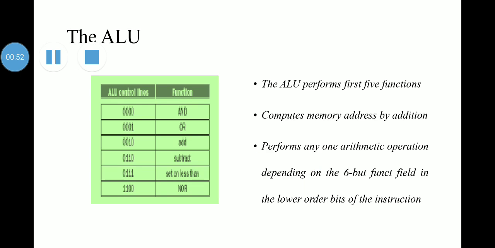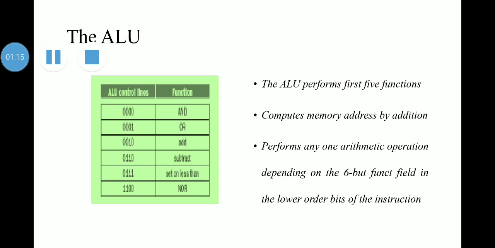So if we see here, this is the ALU control lines and its function according to the 4 bits. Depending on the instruction class, the ALU will need to perform one of these first 5 functions. NOR is needed for other parts of the MIPS instruction set not found in the subset we are implementing.